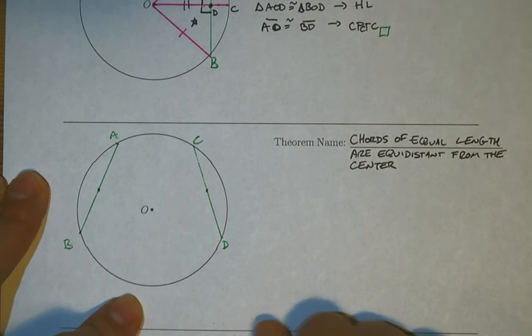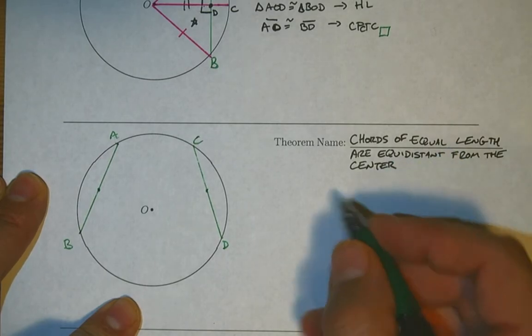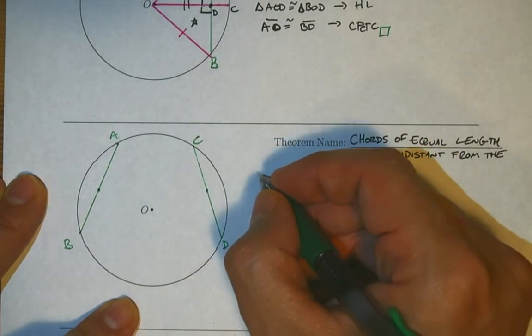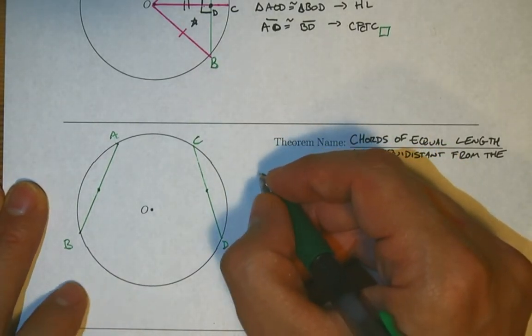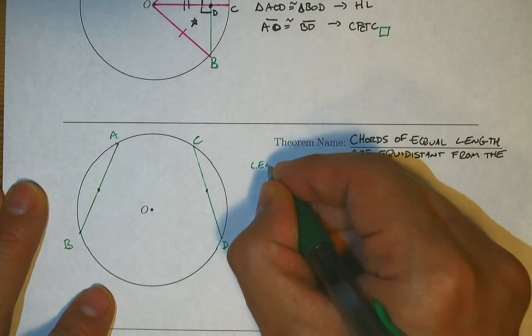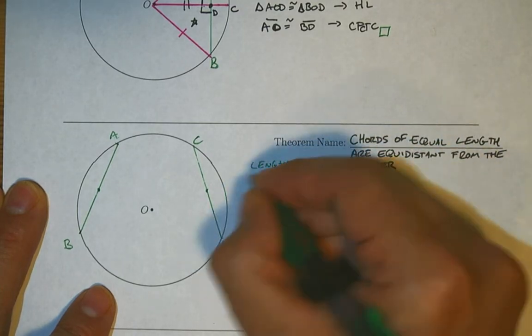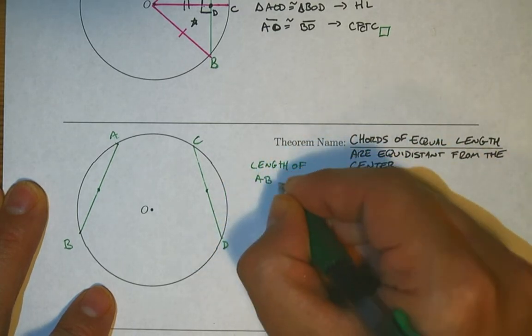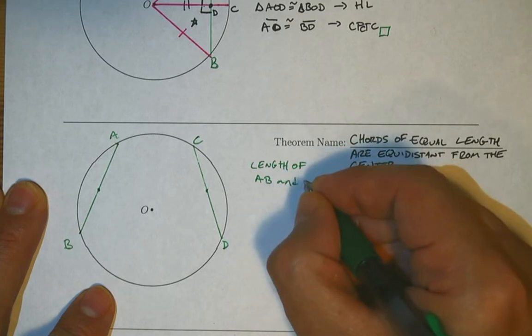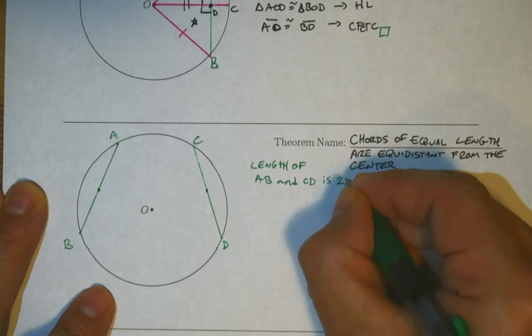So here we go. I'm going to say that these two chords have the same length. Let's say they have length 2x. So the length of AB and CD is 2x.